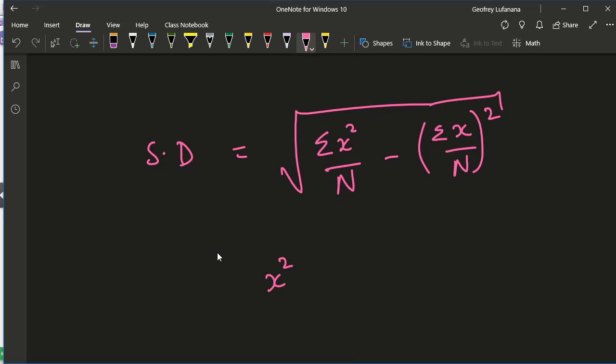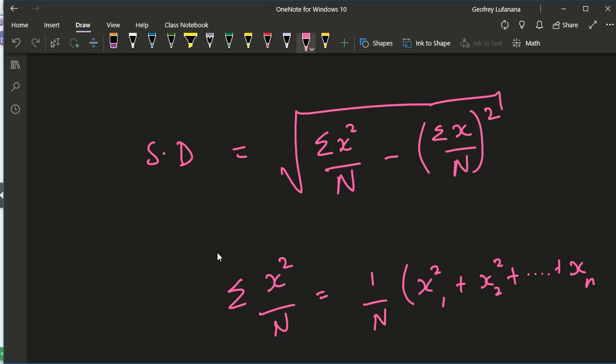Summation of x squared over n is basically 1 over n times all our values squared. So that could be x1 squared plus x2 squared plus, depending on how many values we have, up to the nth value squared.